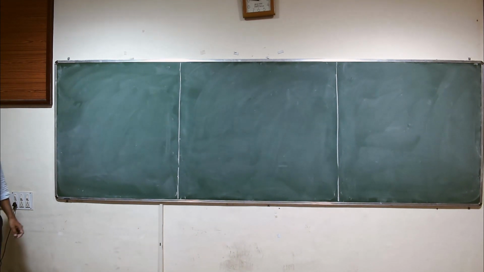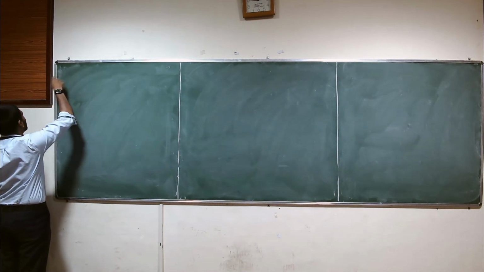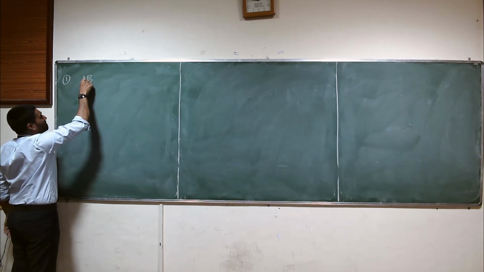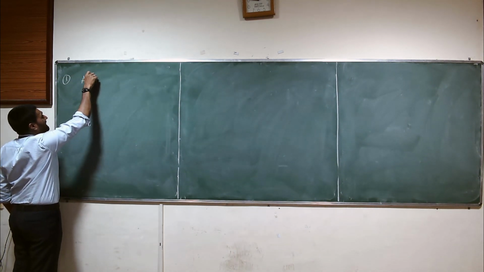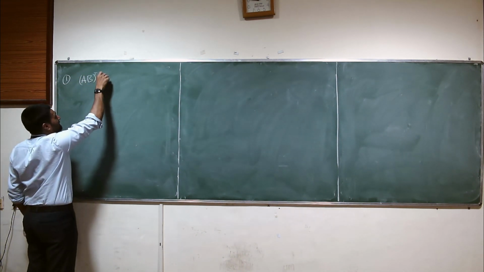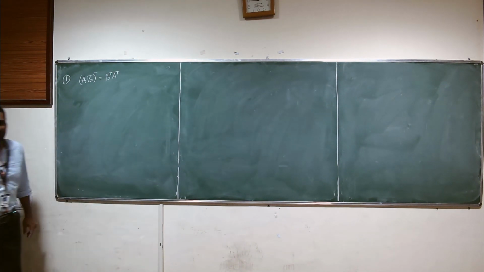Okay. So we'll do a few problems in matrix multiplication. The first one, I haven't written it there. You remember I said AB whole transpose is B transpose A transpose.